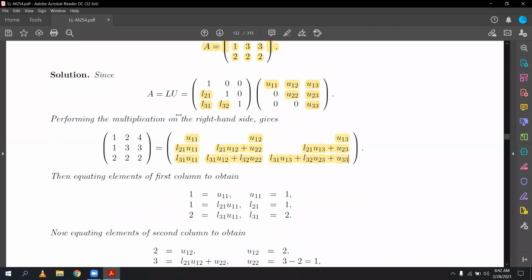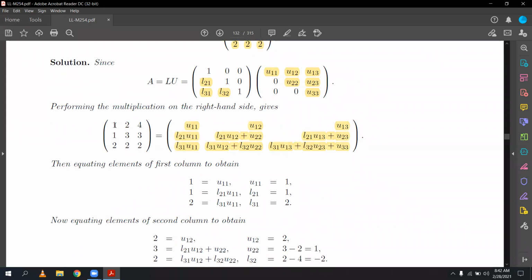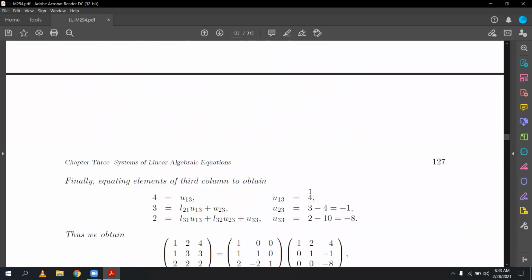So you have to be very careful in the multiplication if you're using direct multiplication to find the elements of L and U. After you have this, the first column of A given by the teacher equals the first column of this one, and then you have to solve this equation. The second column of A equals the second column of this, and again you have to solve it. The third column of A equals the third column, and you have to find it out.